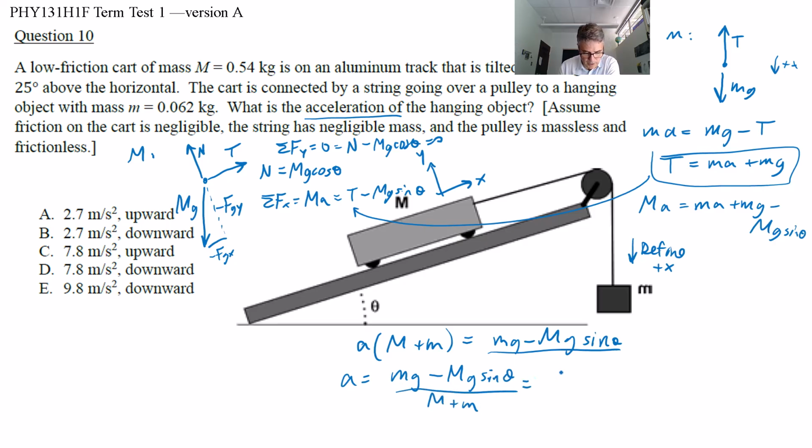So it's going to be the hanging mass is 0.062 times 9.8 minus 0.54 times 9.8 times sine of 25 degrees, all divided by 0.54 plus 0.062.